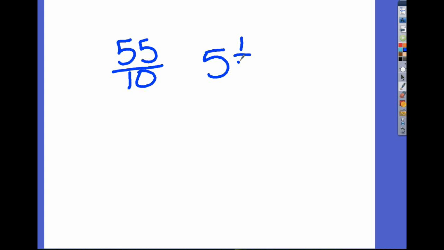Then you can reduce it. The question is, between which two whole numbers is your answer? Which two whole numbers? Yeah, so it's between 5 and 6. It's not 5, it's not less than 5, it's not greater than 6, it's right in between the two. Okay, that's easy stuff.